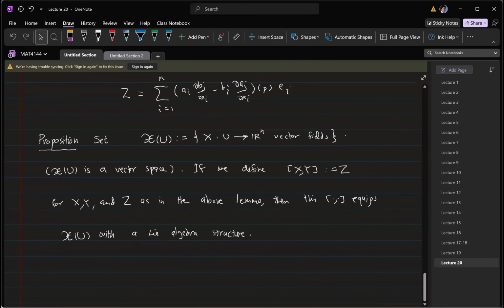Okay, so we just created a Lie algebra out of all the vector fields on a domain U.